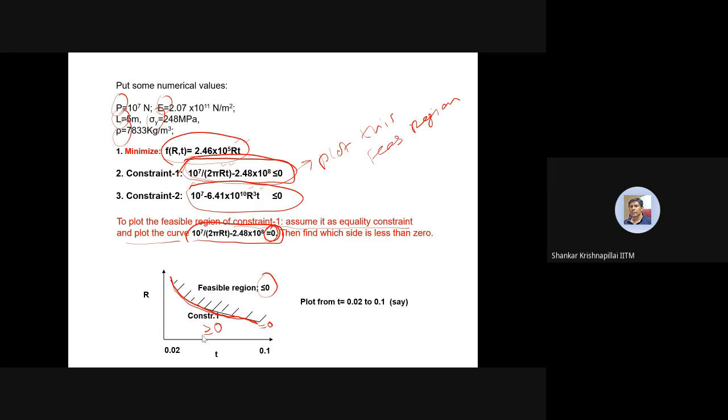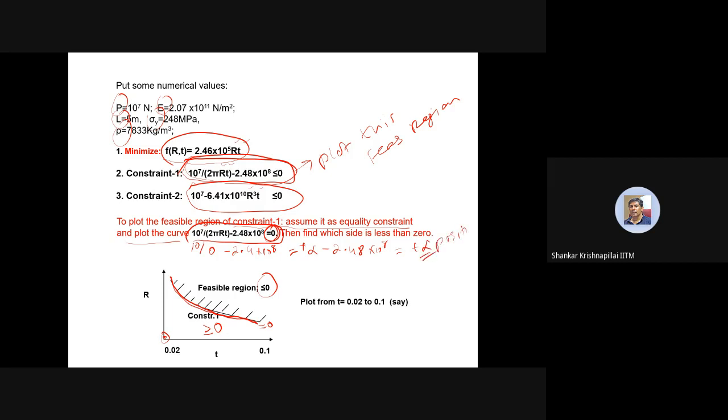So which is which? What you do is substitute a value of r and t in this equation. 10 raised to 7 by 0 minus 2.48 into 10 raised to 8. So this is infinity minus 2.48 into 10 raised to 8, which is still plus infinity, or positive.